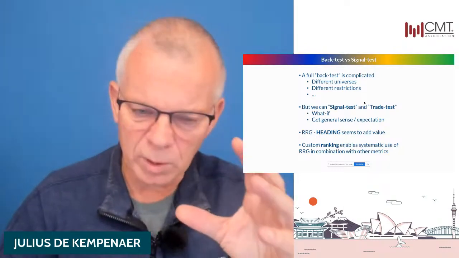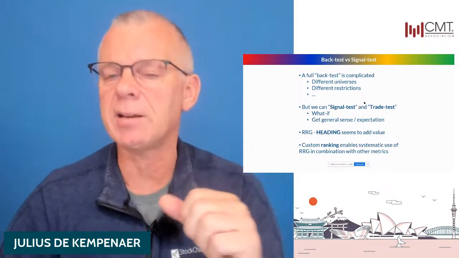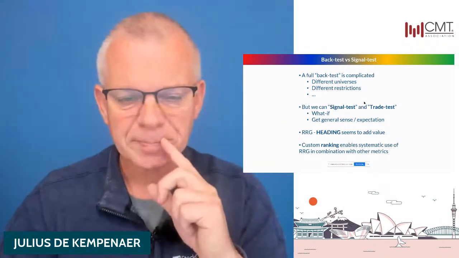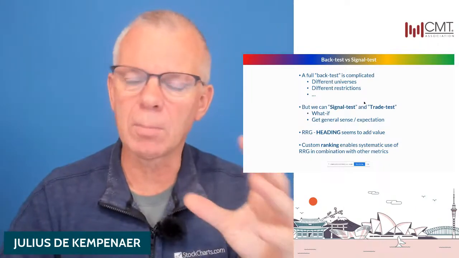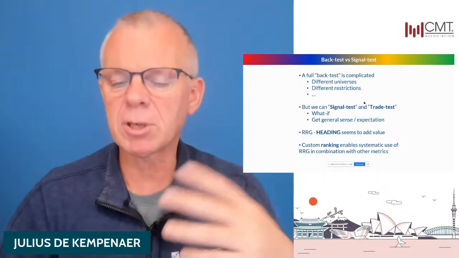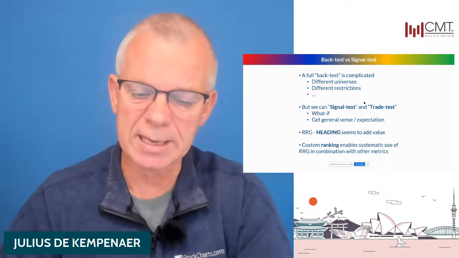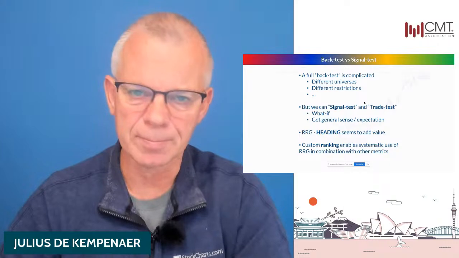And what we've seen is that RRG heading is definitely adding value to that. And with combining these numbers, you can actually create a custom ranking system using various variables in the RRG ecosystem.